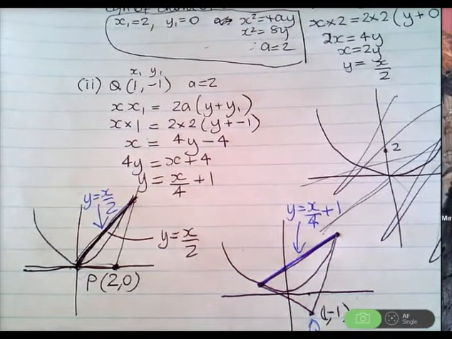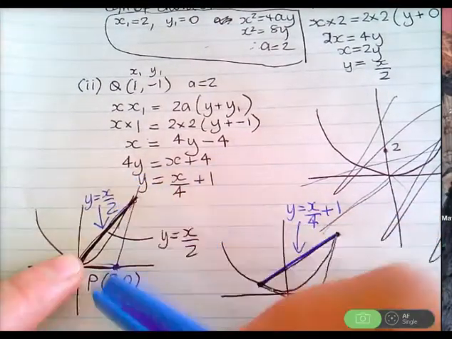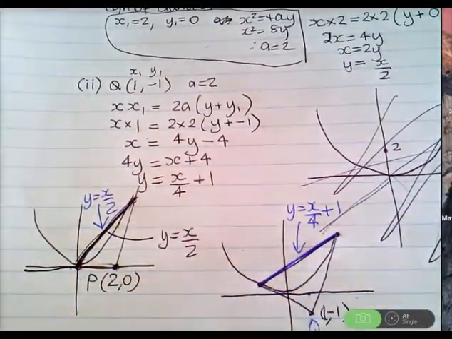It still is a chord of the parabola, but it goes from the endpoints of the tangents from the external point.